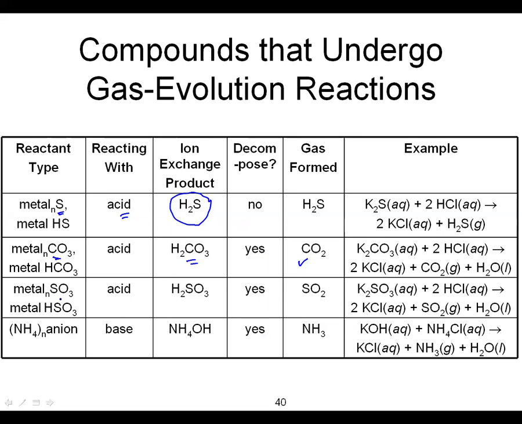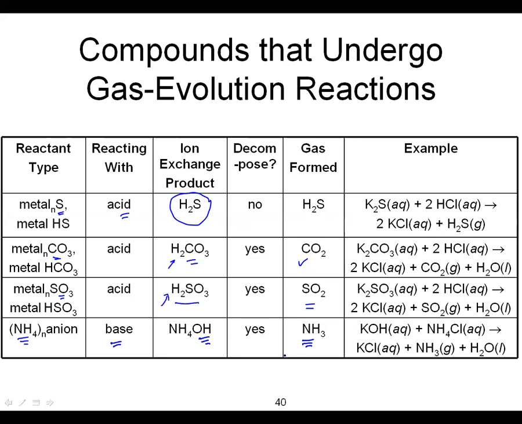If we have a metal that's connected to sulfite, it will produce sulfurous acid, very similar to this guy. It will go through a decomposition reaction, and that's where we will generate our SO2 gas. And anything with ammonium in it that reacts with a base will produce ammonium hydroxide, and that will be in equilibrium through a secondary decomposition reaction to produce ammonia.